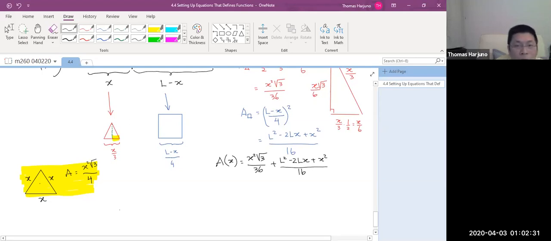Suggested homework from here will be on 4.4. I would like you to do a lot of parts from section A, number 1 to number 7, and then 13 to 19. Those are basic ones.